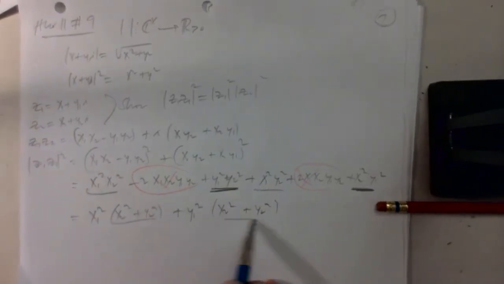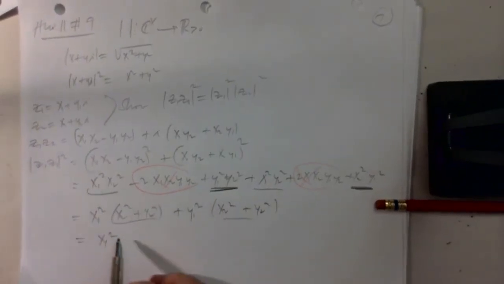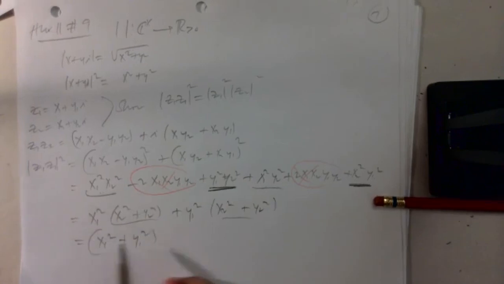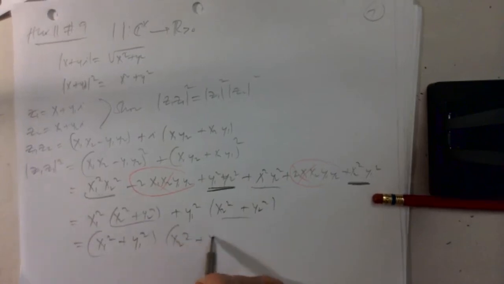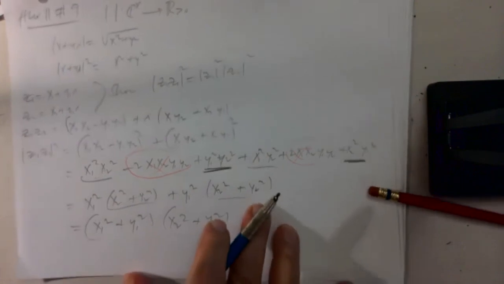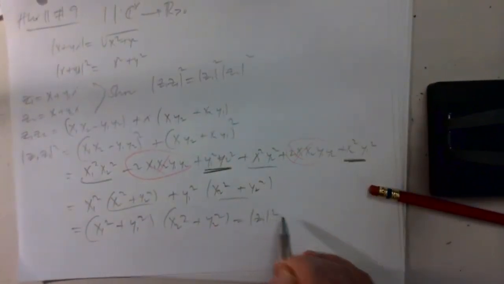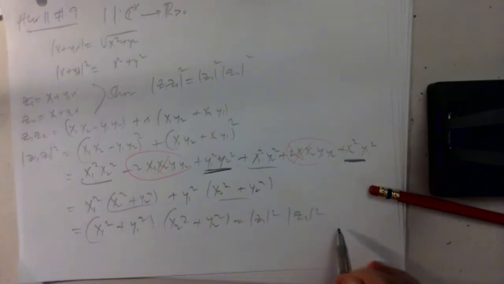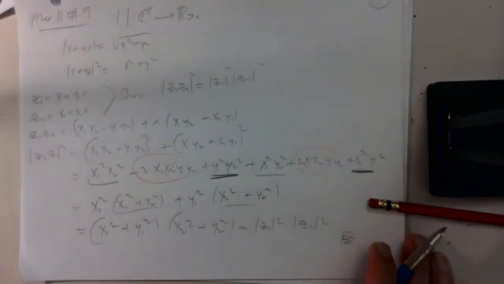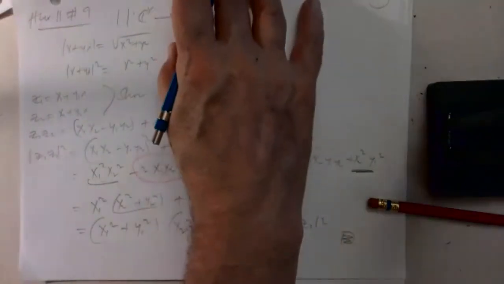And from this, I can factor this out. I get x1 squared plus y1 squared times x2 squared plus y2 squared. And this is exactly the absolute value of z1 squared times the absolute value of z2 squared. So that's just a little bit of high school algebra.